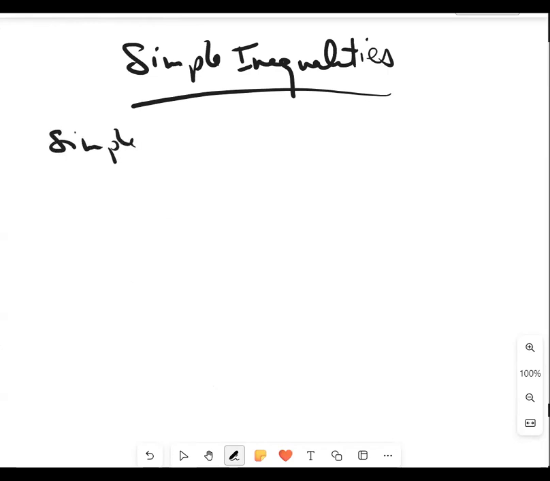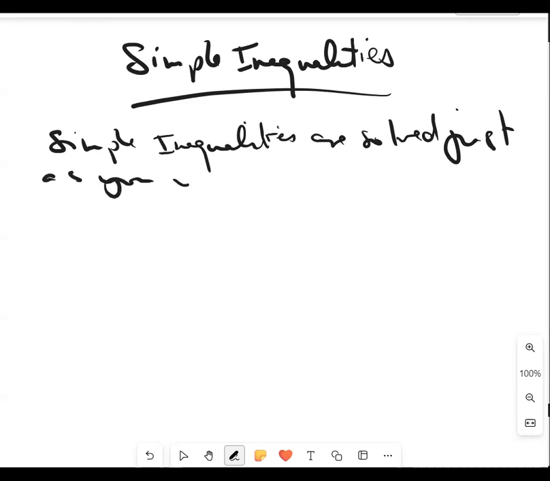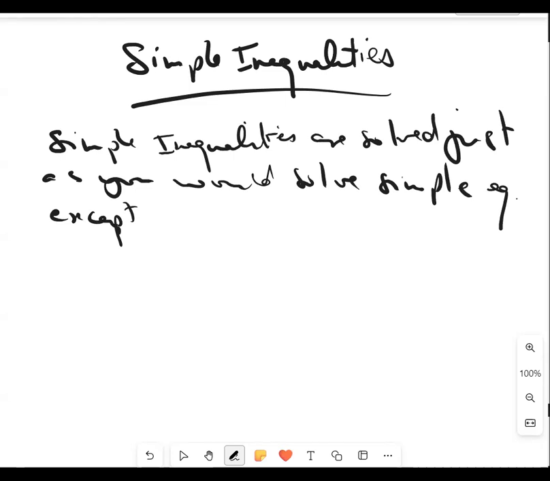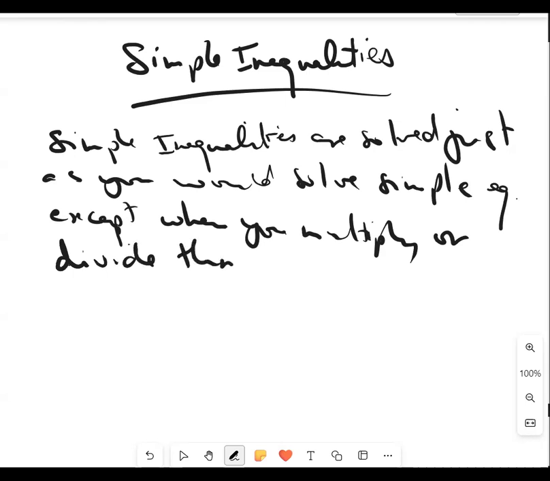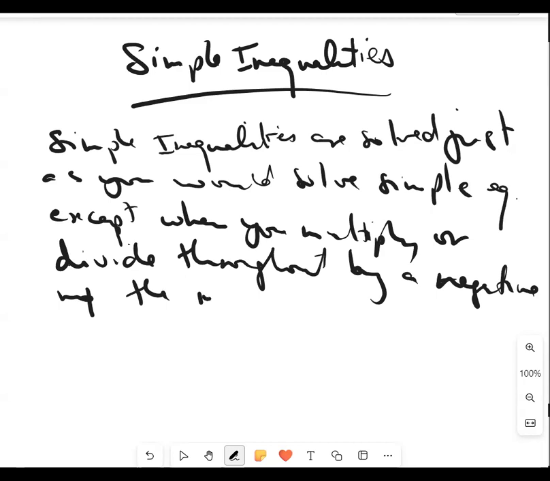Simple inequalities are solved just as you would solve a simple equation, except, and this is the only exception, when you multiply or divide throughout by a negative number, the inequality sign is turned around.